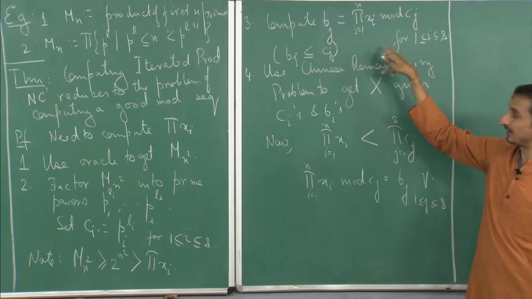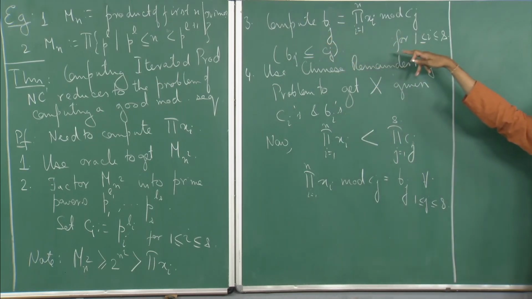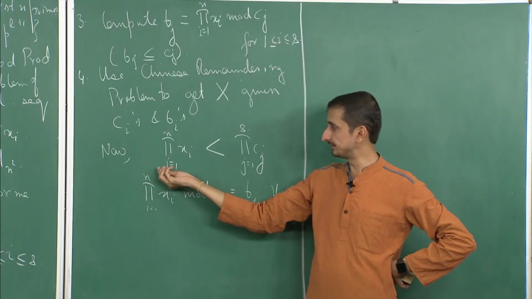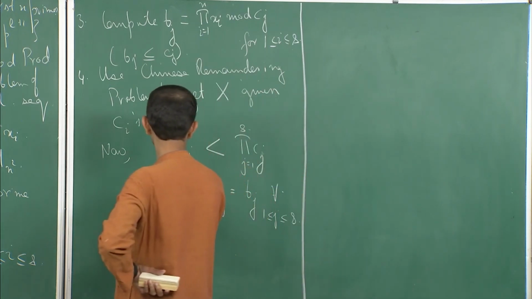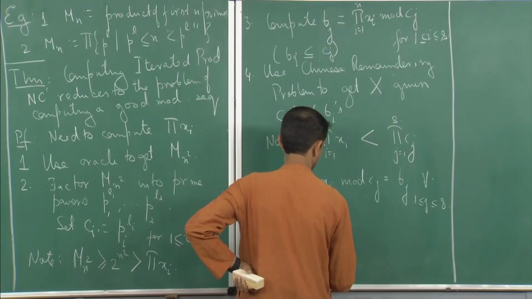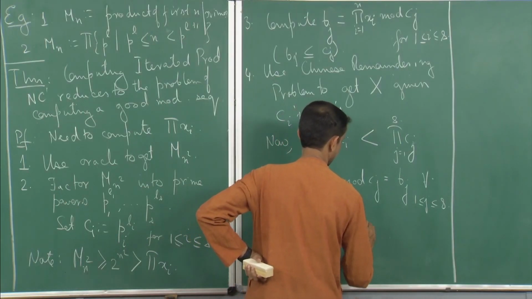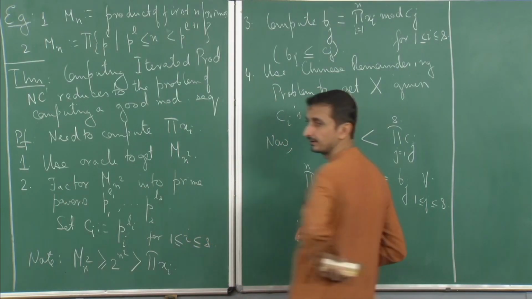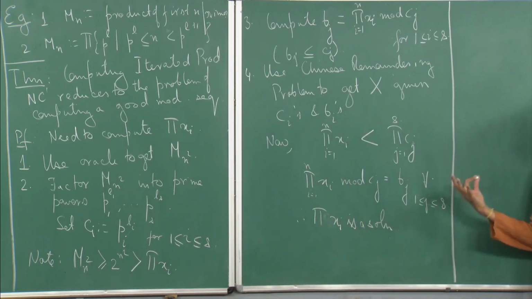That is also satisfied by the way I computed Bj itself. Therefore, this is a solution. And by the Chinese remaindering theorem, we know that there exists a unique solution.